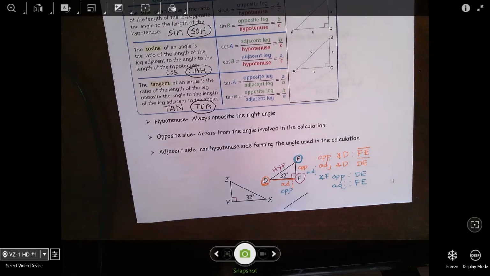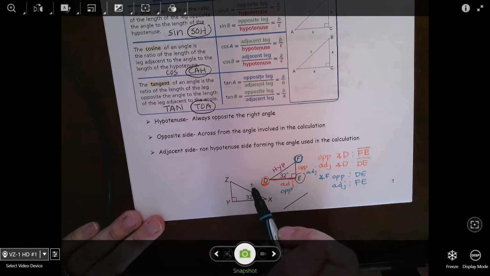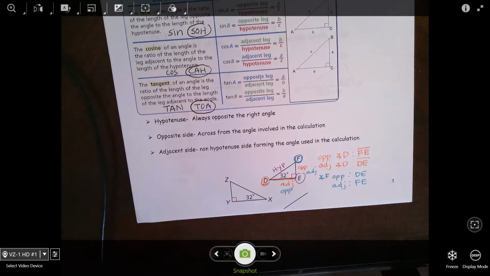Okay, so we can do the same thing over here. My hypotenuse would be XZ, and then they would change accordingly. Now, one of the trickiest parts is identifying your sides; once you identify your sides, the rest of it will fall into place. So there's going to be a short little video besides this one I'm going to have you watch where you're going to be practicing that.